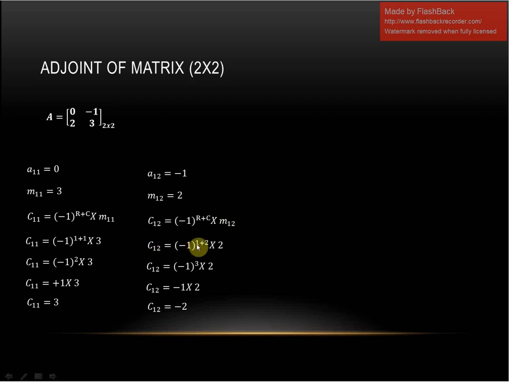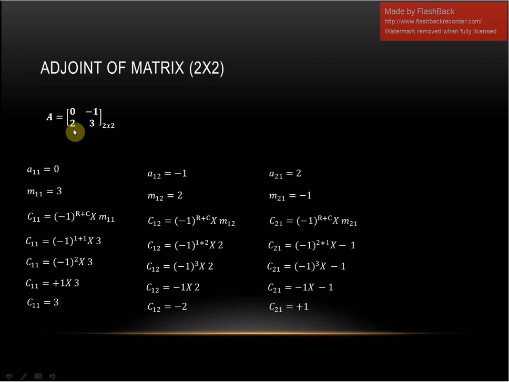C12 is equal to minus 1 raised to the power 1 plus 2, because the row is 1 and the column is 2, multiplied by the value of minor, which is 2. 1 plus 2 is 3, so minus 1 raised to the power 3 is minus 1, multiplied by 2. So you will get the answer of your cofactor C12, which is minus 2.